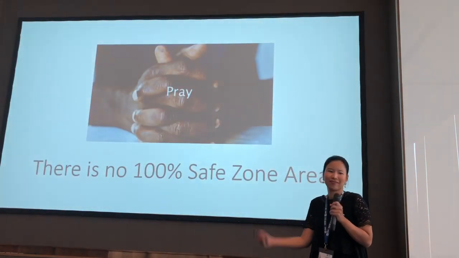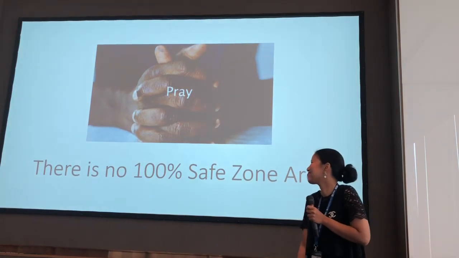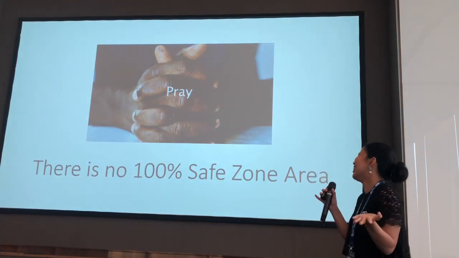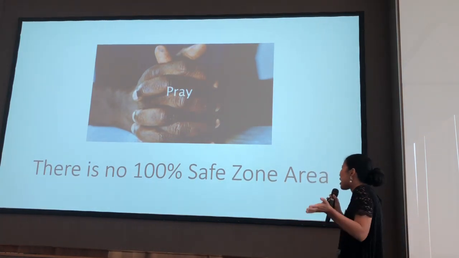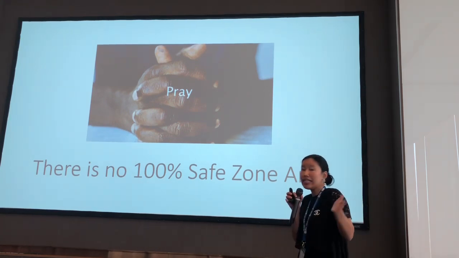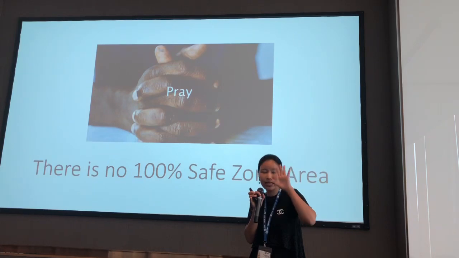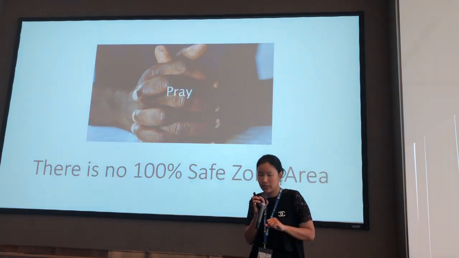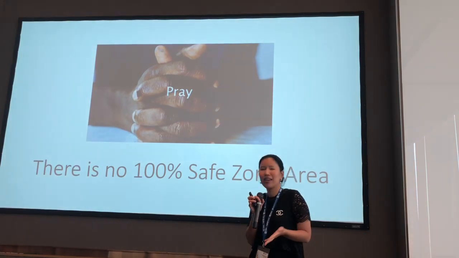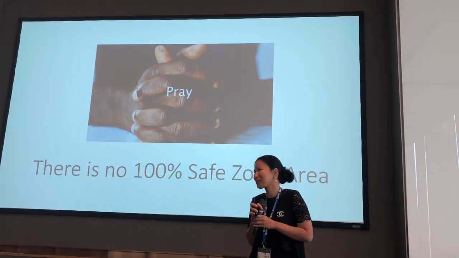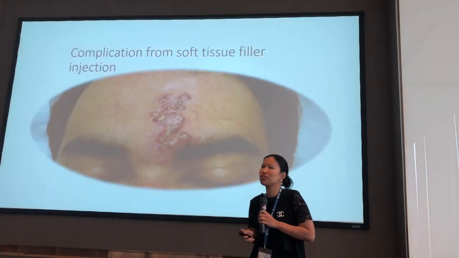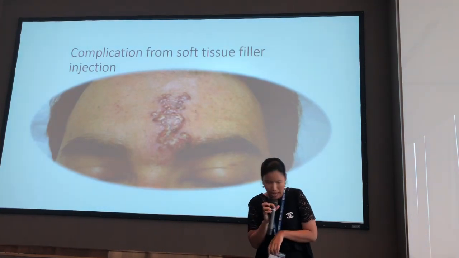And what should we do? There's no 100% safe zone for injection, not just for the forehead, but every single place on the face and body. We all have variation. So, okay, we have to pray, right? But knowledge does have a role here.